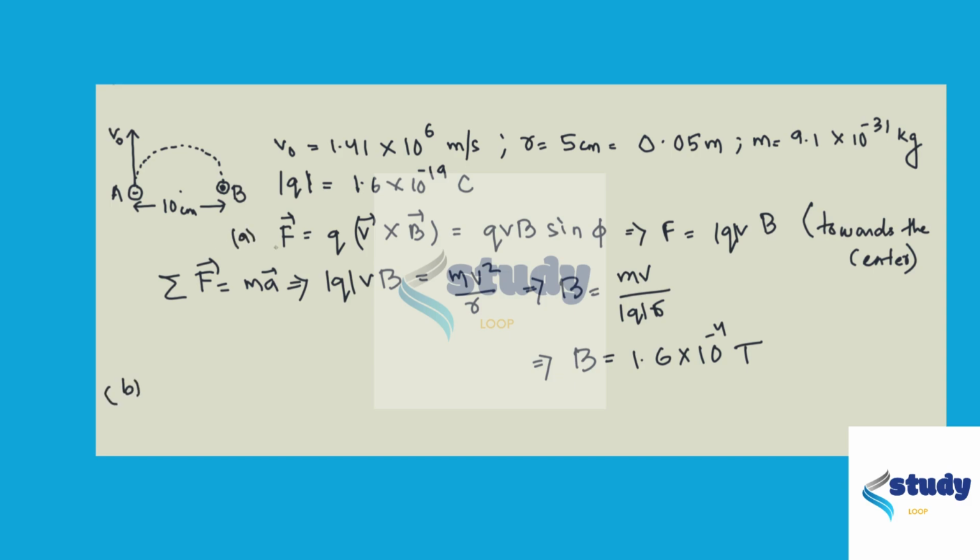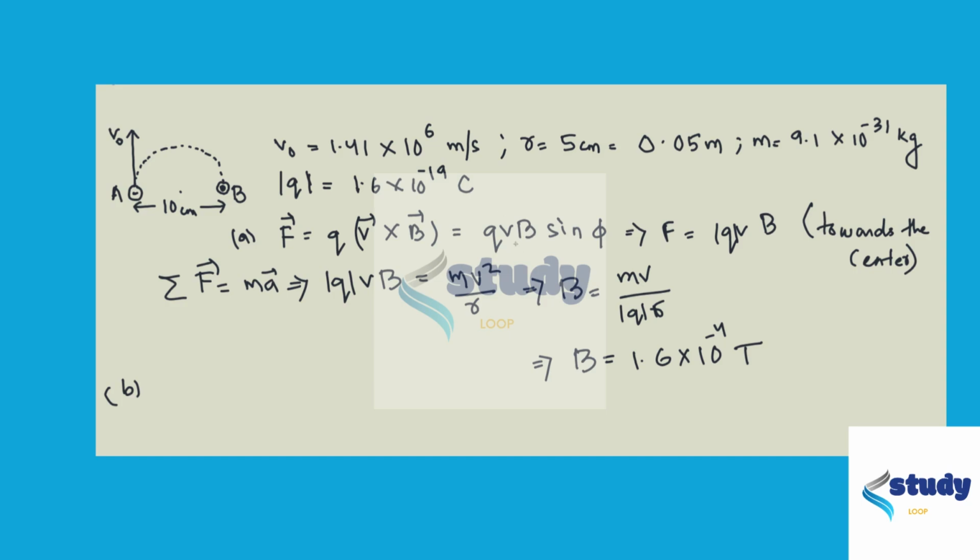For the second part, the speed of the electron as it moves along the path is constant, as you can see. The magnetic force changes with the change in direction of the velocity, but its magnitude stays constant because sine phi is always 1 and the rest of the values are constant.